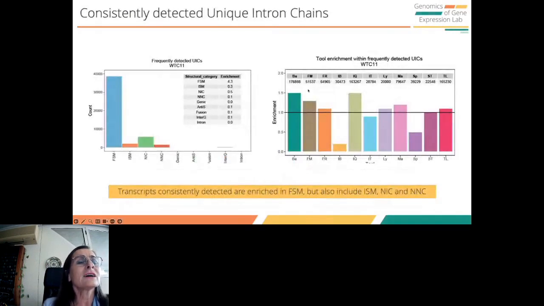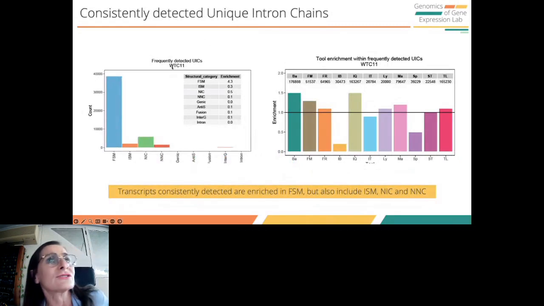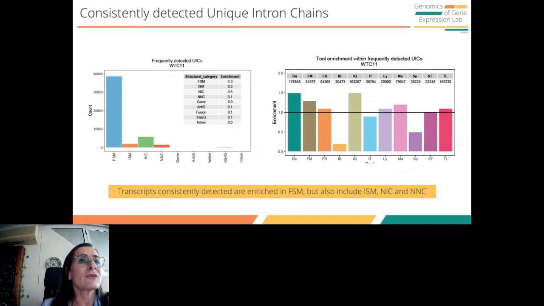If we try to define a consistent set of transcripts as those that were detected in at least 3 different samples, 3 different library preparations and analysis tools, then the distribution is as follows. A great majority are the known, the full splice matches, but we also have a significant number of novel in catalog.